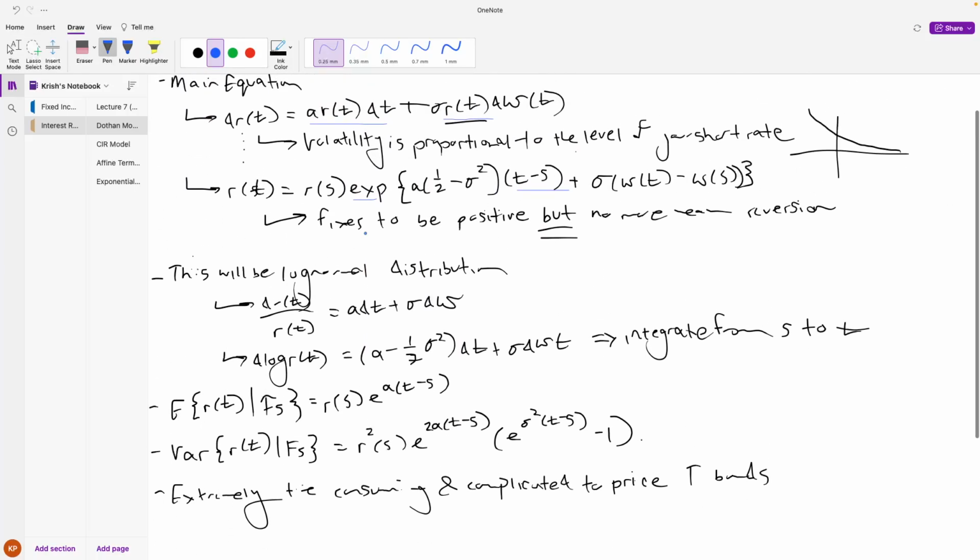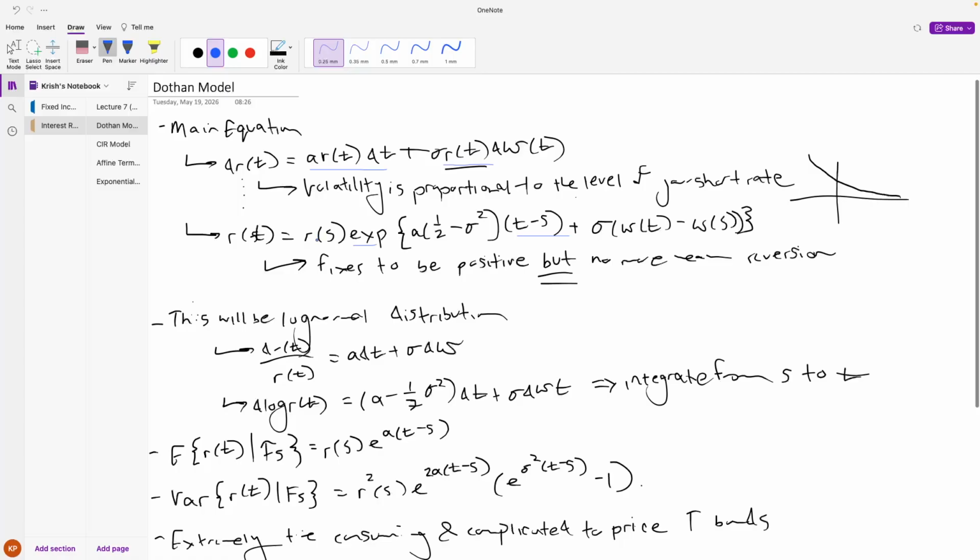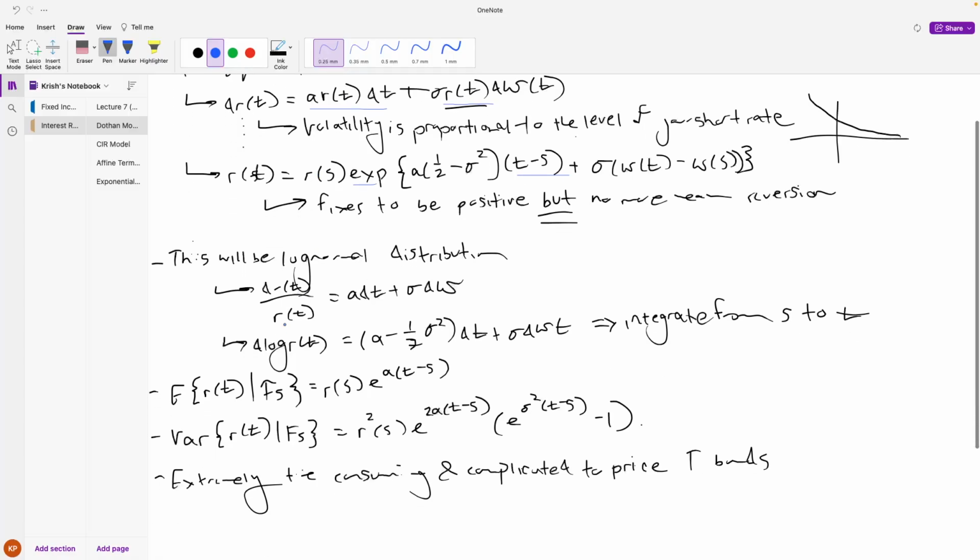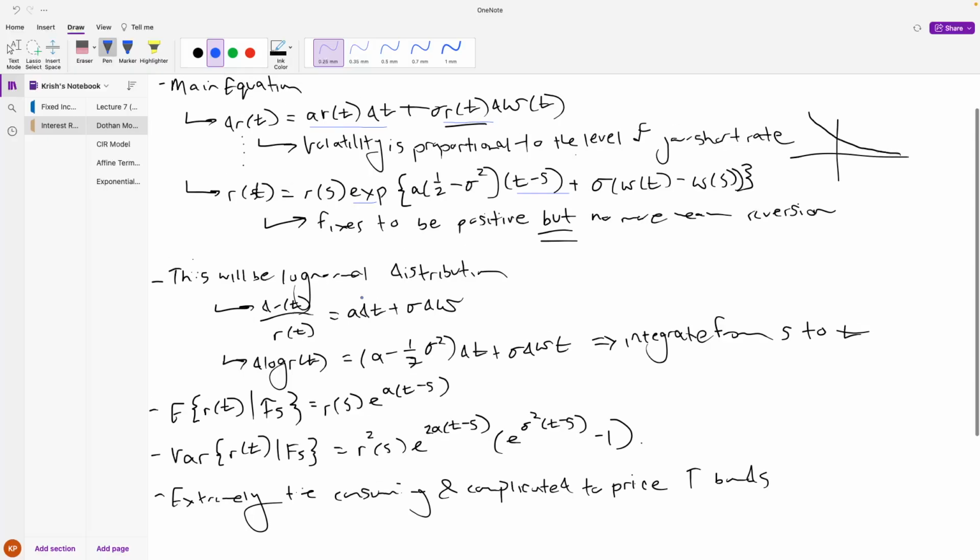Keep in mind that the distribution here for the Dothan model will be log normal, right? And if you guys wanted to solve for RT, you guys can go ahead and do it based off of d log RT. And so you would use Ito's isometry, and then you would integrate that from S to T to go ahead and get the same equation here.